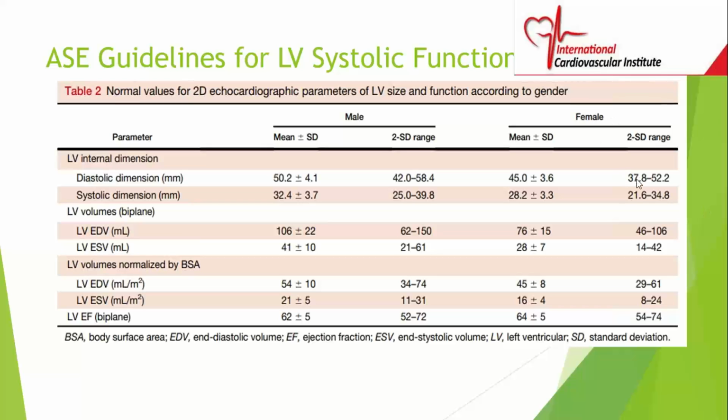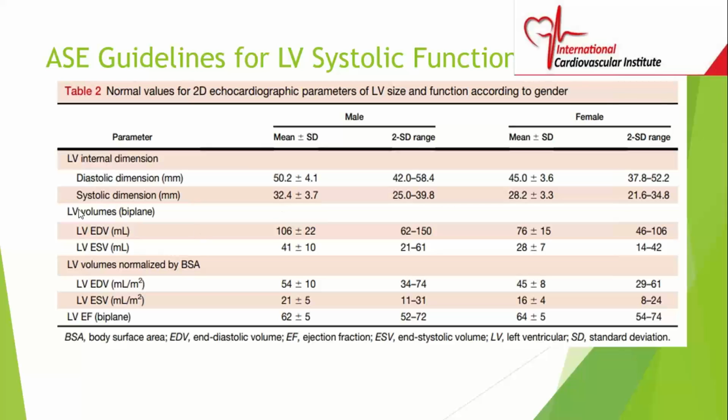For females, it's 37.8 to 52. I recommend that you use a chart because the values for male and female differ. Once you get accustomed to the chart, then you don't have to use it. Systolic dimension for males is 25 to 39.8 millimeters, and for females 21.6 to 34.8.